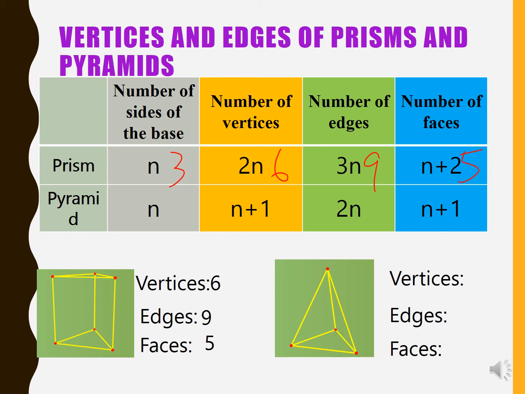Let's try triangular pyramid. Again, the number of sides of the base is 3. Number of vertices will be 3 plus 1, that is 4. Number of edges, 2 times 3, that is 6. And the number of faces, n plus 1, that means 4.